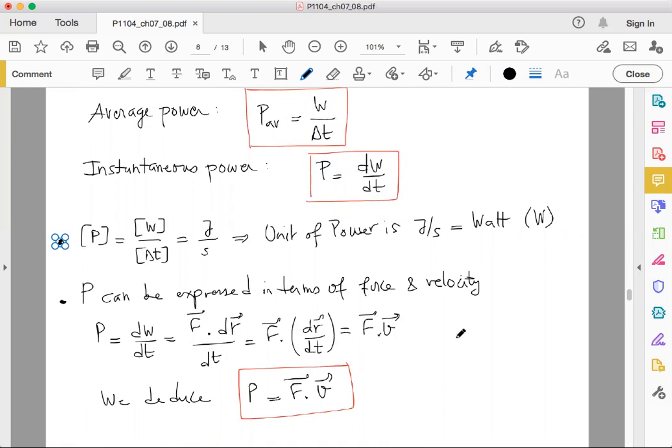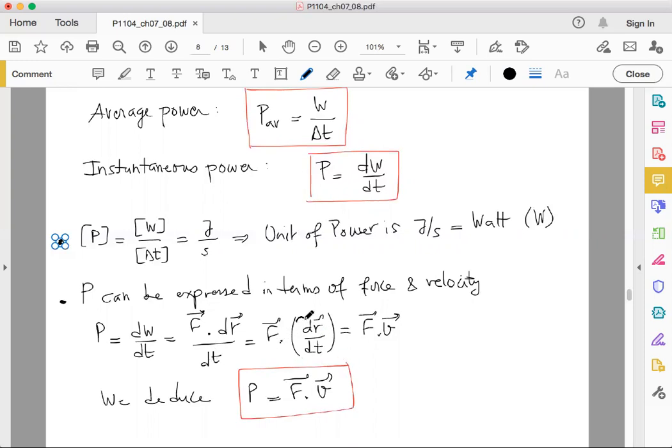We have seen that W in general is given by the force scalar product delta R. So for the infinitesimal work dW, we make the scalar product between the force exerted and the infinitesimal displacement dr. This expression can be divided into F on one side and dot dr by dt.